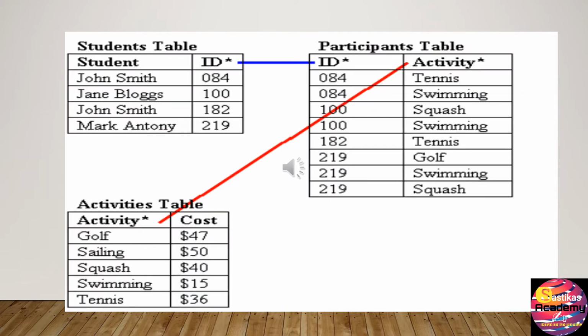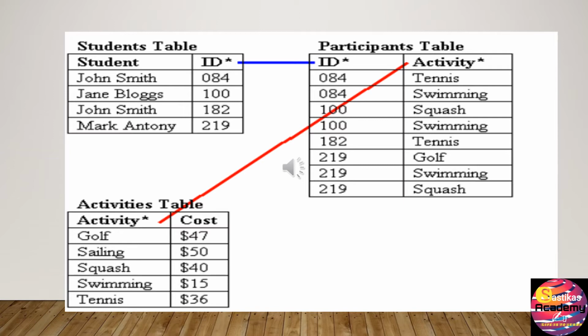Look at here, there are three more tables. There is a relationship among three tables: student table, participation table, and activity table. These three tables are formed in a single database, right? Look at this: there is an ID with the student's name, and another ID with the activity name.